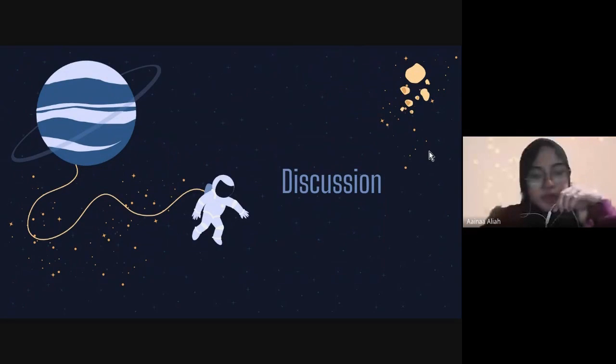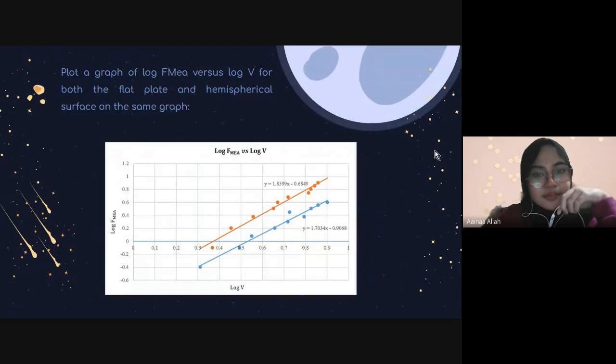Okay, so back to me, Aina Ella, and I will present the discussion part together with Ahmad Yudin. So first, we need to plot a graph of log F measured versus log V for both the flat plate and hemispherical surfaces on the same graph. So here is the graph, where the blue line represents the flat plate, while the orange line represents the hemispherical surface.